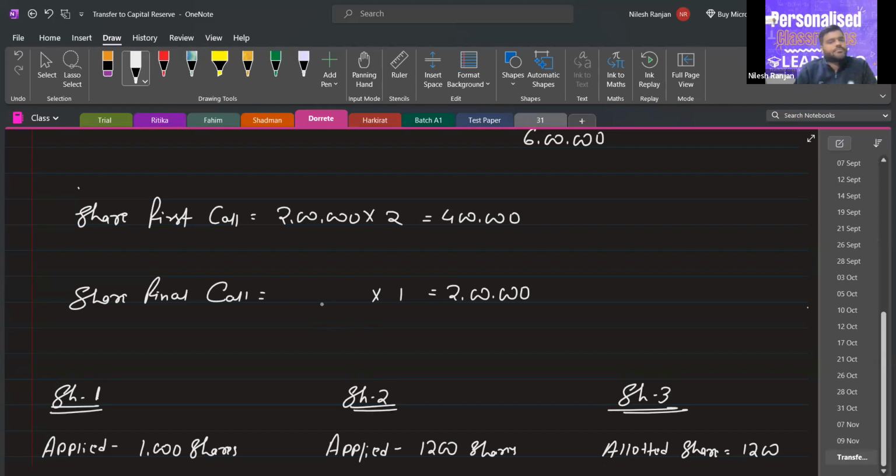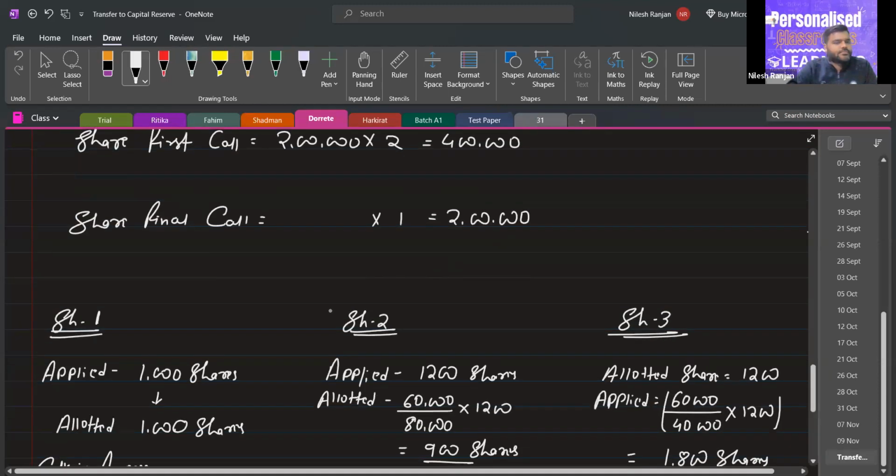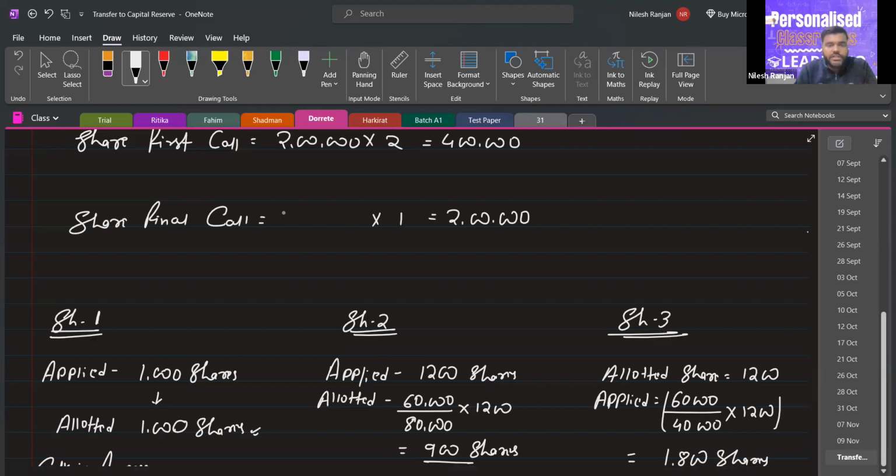It means this 1,000 shares and this 900 shares, means 1,900 shares, are already forfeited. So we have 1,98,100 shares. Okay.